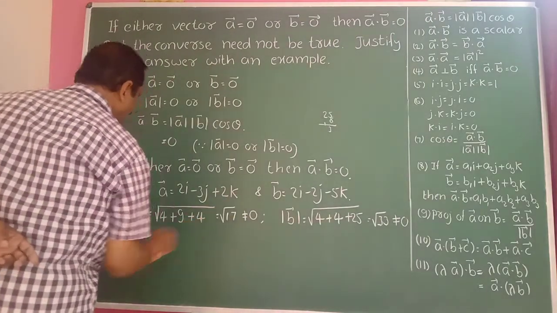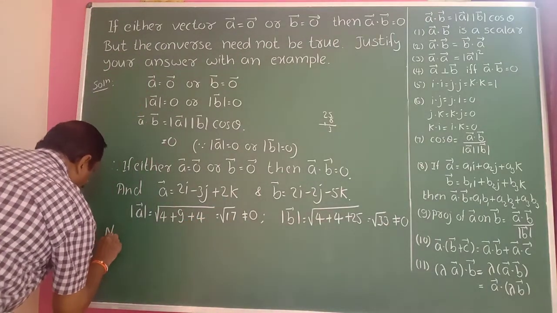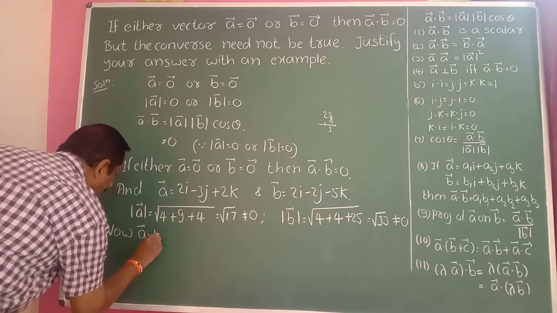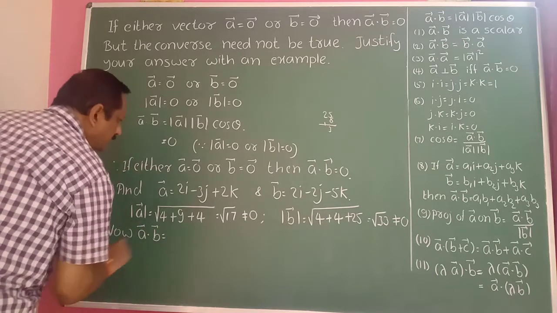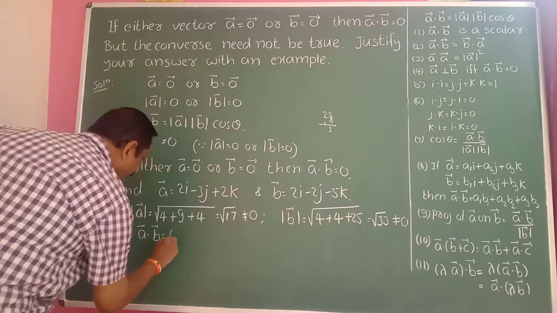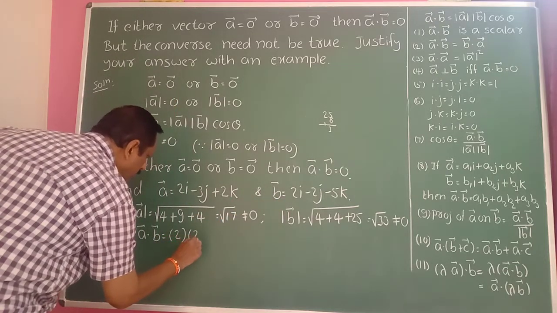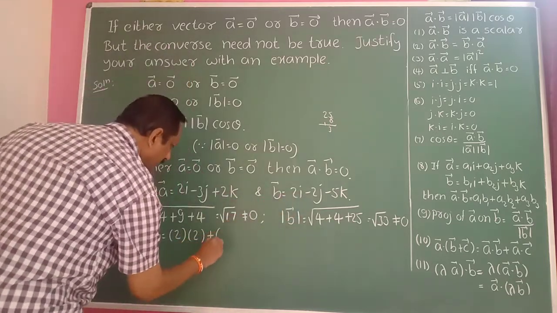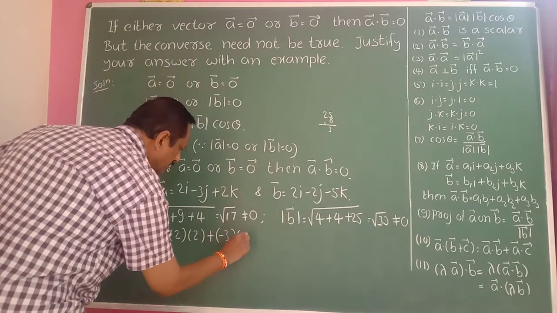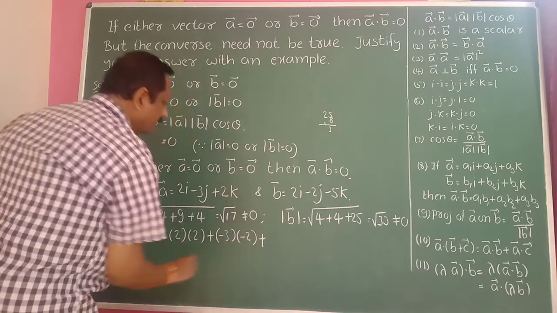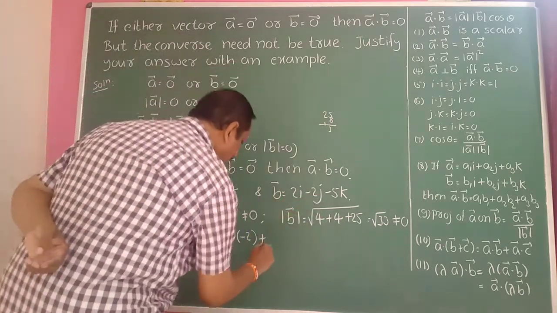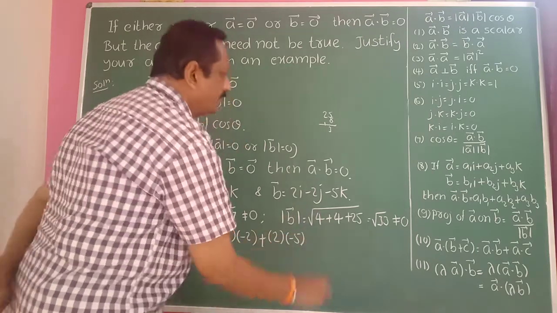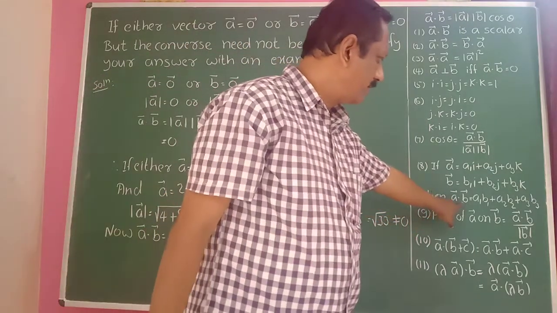Now take the dot product. a bar dot b bar is equal to 2 into 2, plus minus 3 into minus 2, plus 2 into minus 5, using the formula for a bar dot b bar.